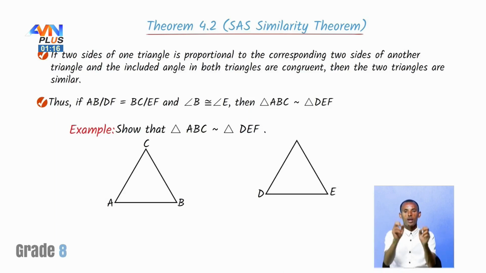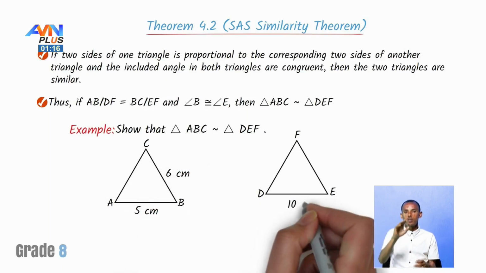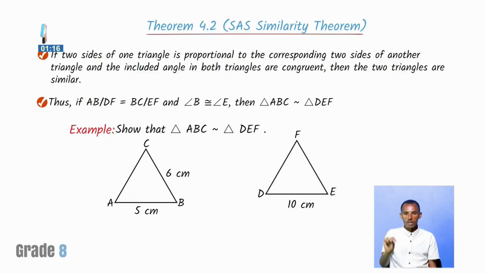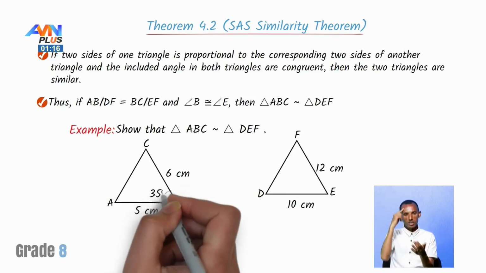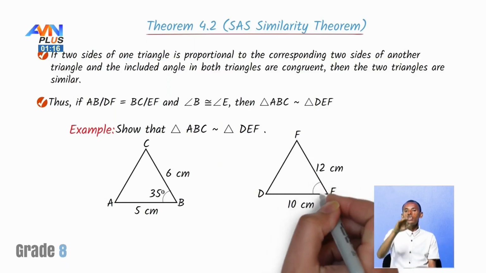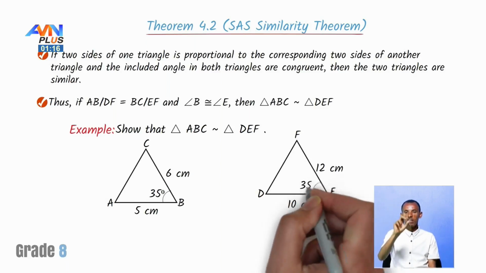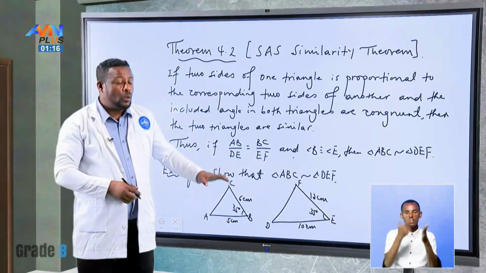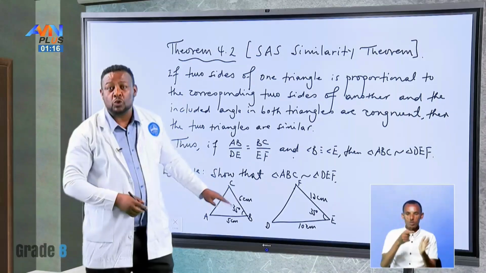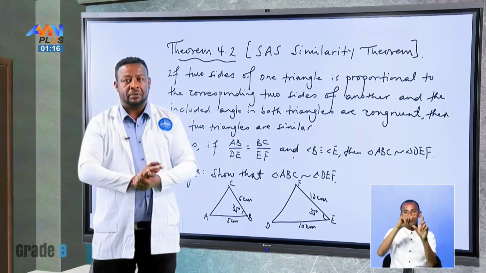Okay, assume the side AB is 5 centimeters, and this one is 6 centimeters, and this one is 10 centimeters. Say this is 12 centimeters. One more piece of information about these two triangles: assume this is 35 degrees, and this is also 35 degrees. So in this example, we are asked to show that these two triangles are similar, right?